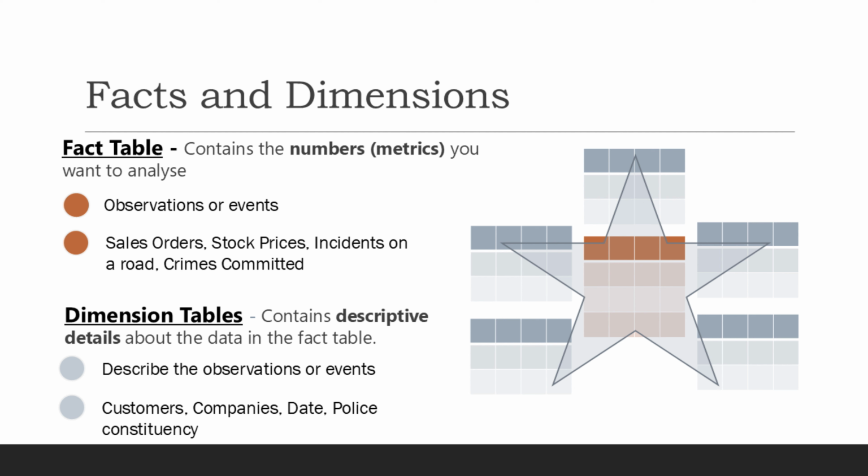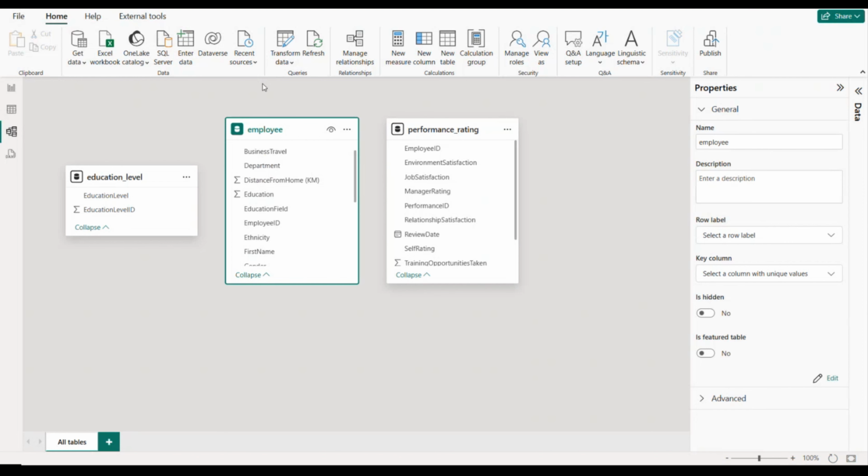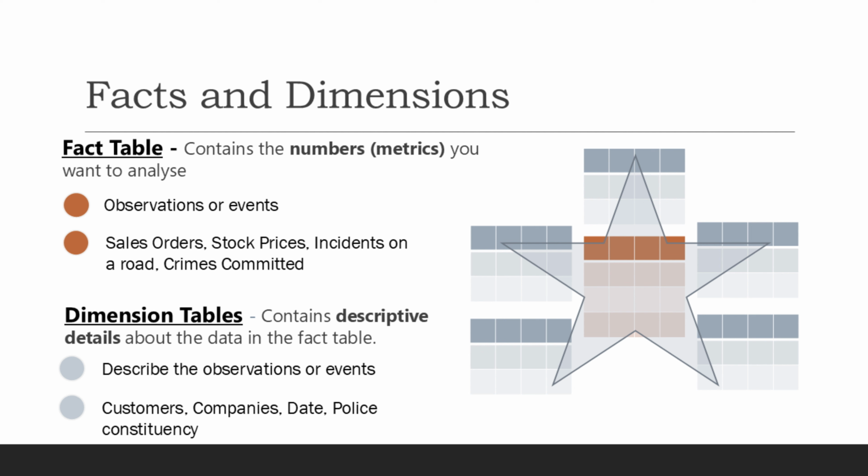For example, the employee table is a fact table because this table will be updated frequently with information about employees that work in that organization. If an employee leaves the organization, that table will be updated. If an employee joins the organization, that table will be updated. So the fact table is spelled F-A-C-T, fact.